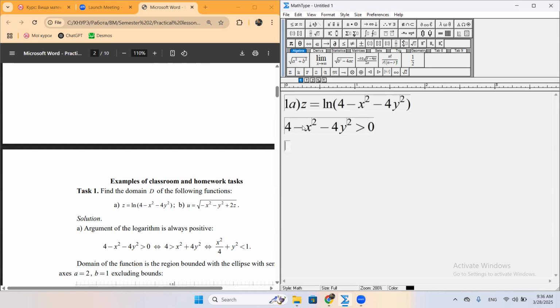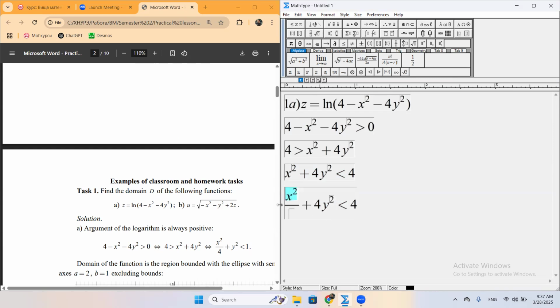So let's move x squared, so let's move variables to the right part. And now let's turn over this inequality. You already should see something like a curve of the second order.